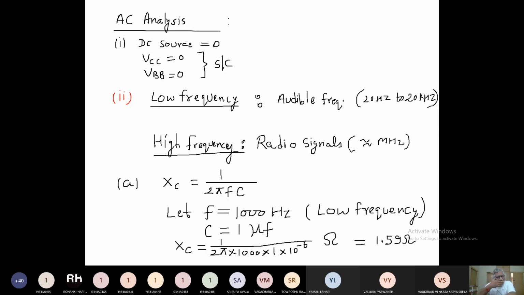The value of the collector resistor RC may be in kilo ohm, right? So 1.59 is a very small value, and this is when we take the capacitance as 1 microfarad, which is still very small, because for practical applications the value of the capacitor is much higher.